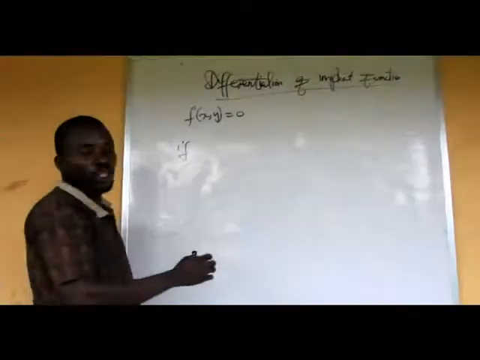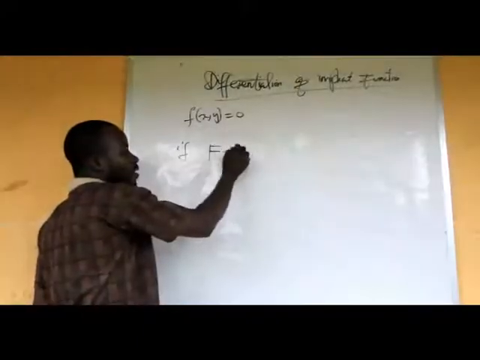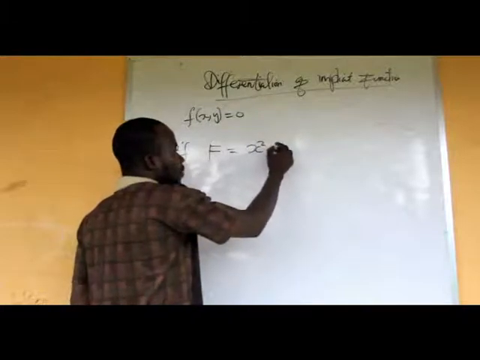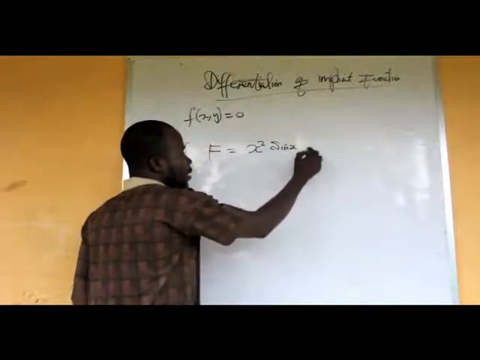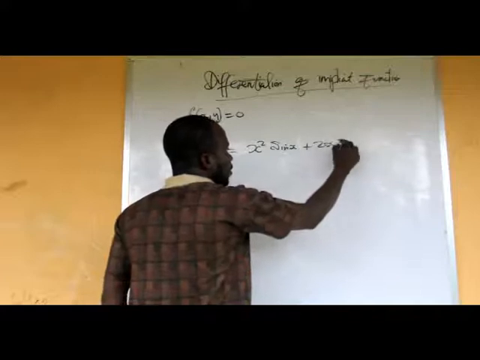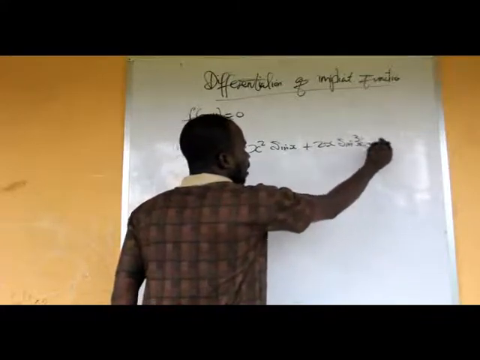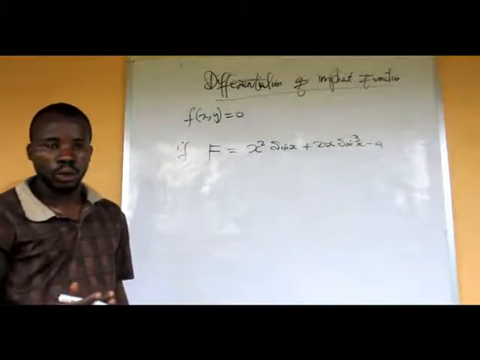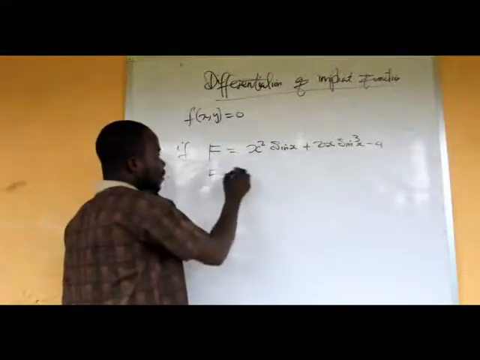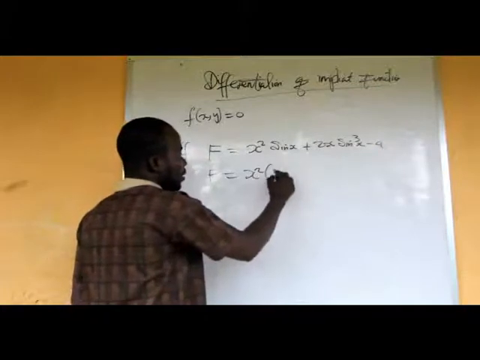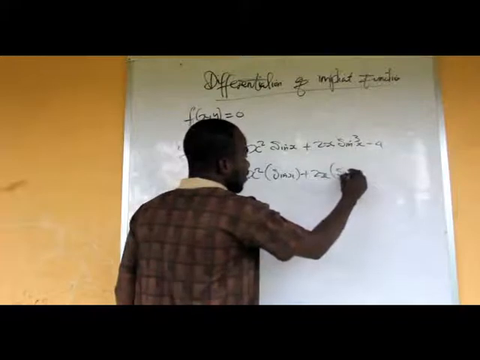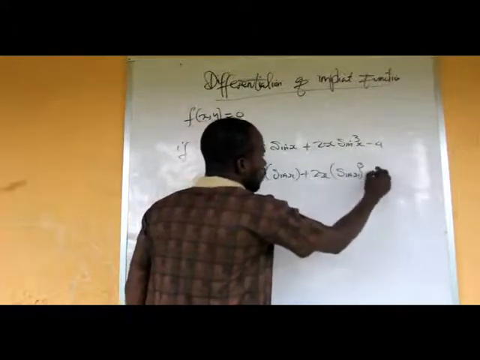If we have the equation f equals x squared, maybe sin x plus 2x sin cube x minus 4, we notice that this can be written as f equals x squared sin x, plus 2x sin x all cubed, minus 4.